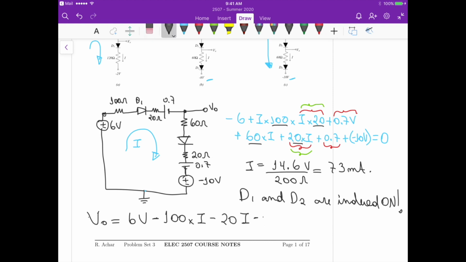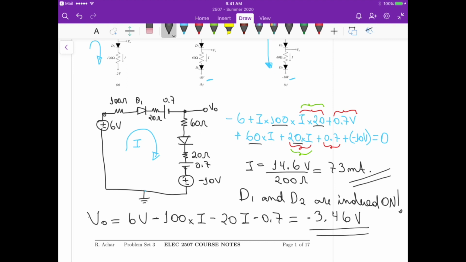So if we calculate this, we get minus 3.46 volts. So those are the answers for these questions.